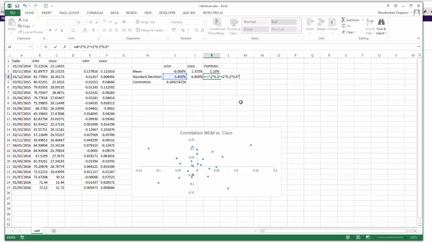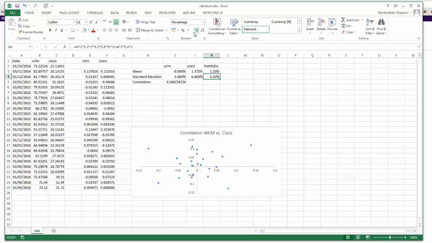This will be correlation basically, plus the Cisco standard deviation squared times 0.8 squared, which is the fraction I put in Cisco shares. So let's say I didn't make any mistake here. Okay. Well, this is very good.